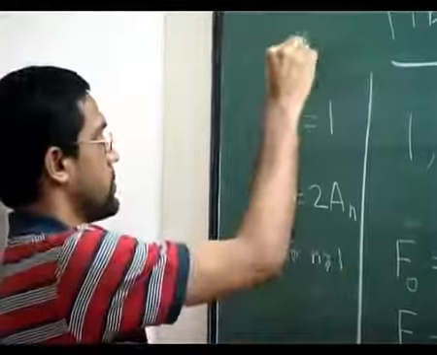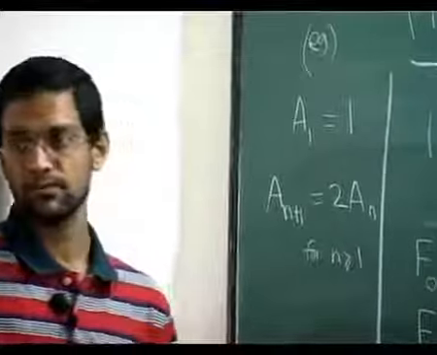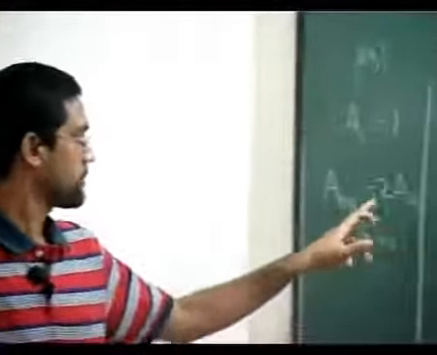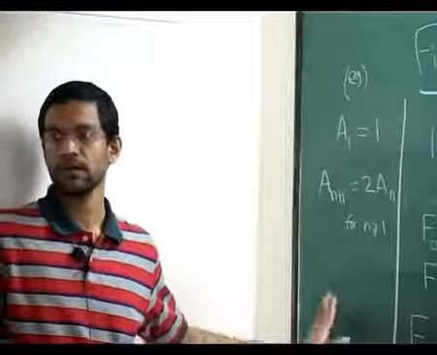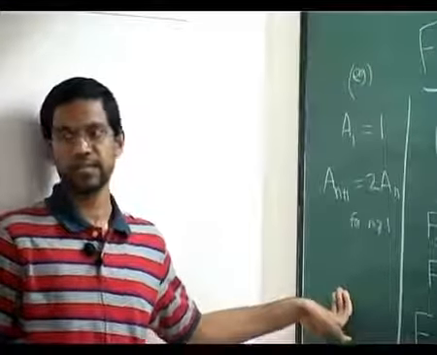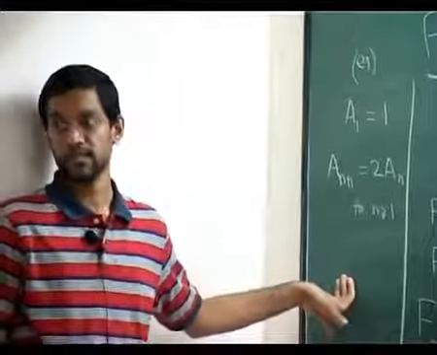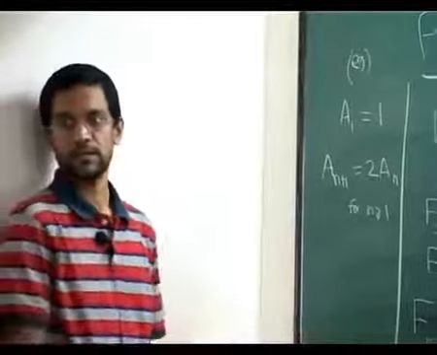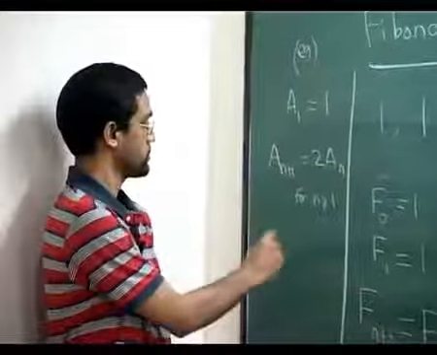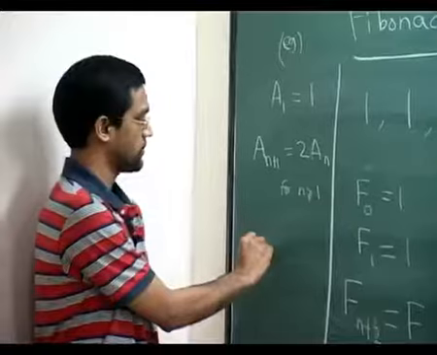So here's another example of a recurrent sequence. It's a different recurrence because the n plus 1th term is given only in terms of the nth term. Here if I ask you what is the nth term of this sequence, let's see the first few terms. First term is 1. What's the second term?